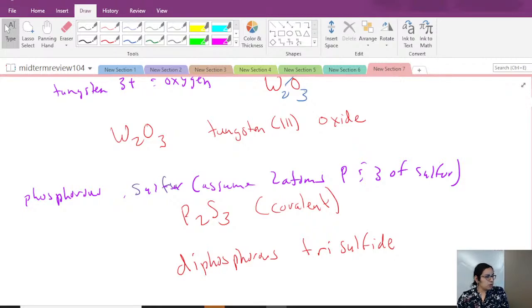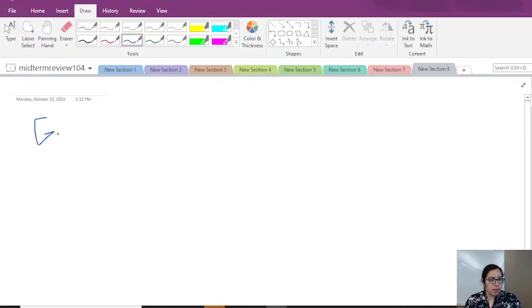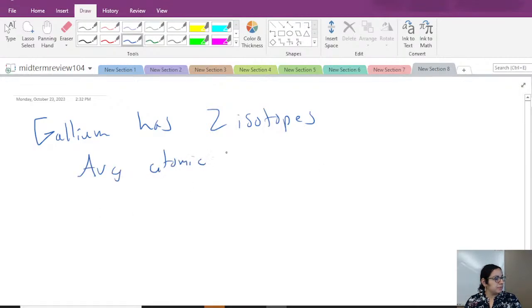All right, so let's go over some other stuff. I forgot there's another tricky one with some algebra. But again, we'll go over it really quickly. So gallium has 2 isotopes. And so I'll give you that the average atomic mass is 69.723 AMU.